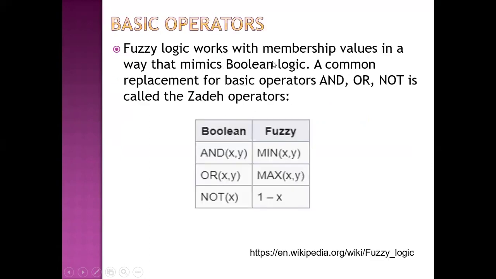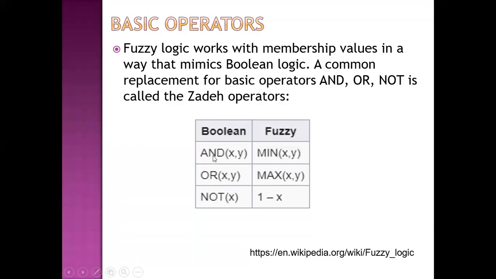Fuzzy logic works with membership values in a way that mimics Boolean logic. I have described in detail about fuzzy sets and fuzzy numbers in my previous lecture. A common replacement for basic operators AND, OR, NOT is called Zadeh operations. And these are the operators.